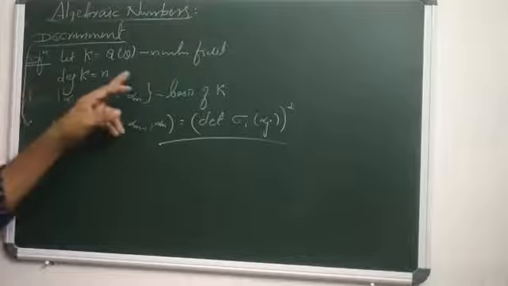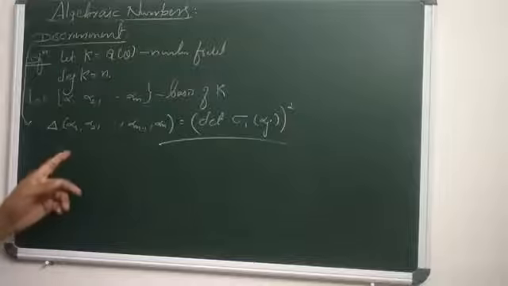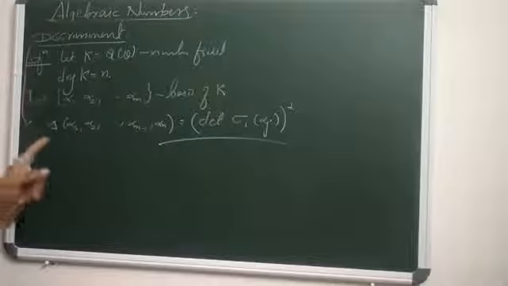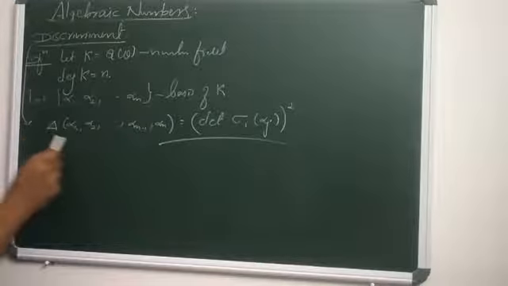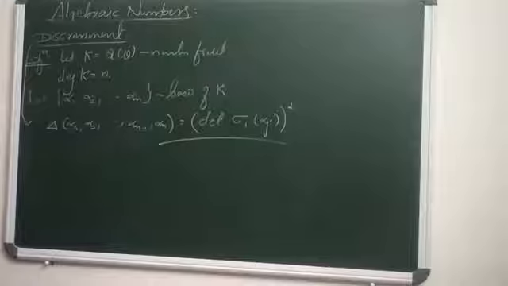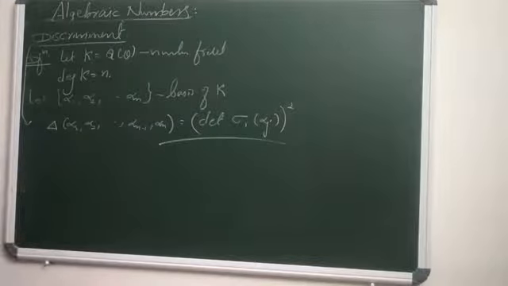Then the discriminant of this basis alpha 1, etc., alpha n is expressed in this way: capital delta of alpha 1, etc., alpha n, defined as the determinant of sigma i alpha j, whole square.